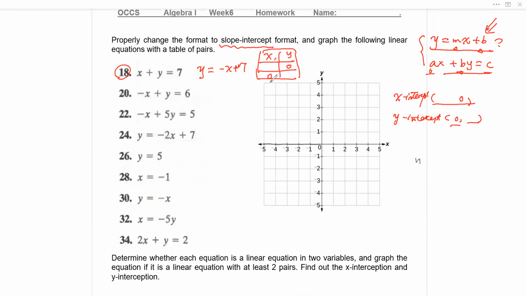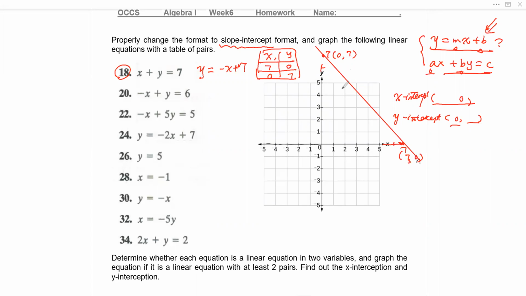So when y equals 0, x equals 7. When x equals 0, y equals 7. So you can graph this one. Make sure you mark the points 0, 7 and 7, 0.